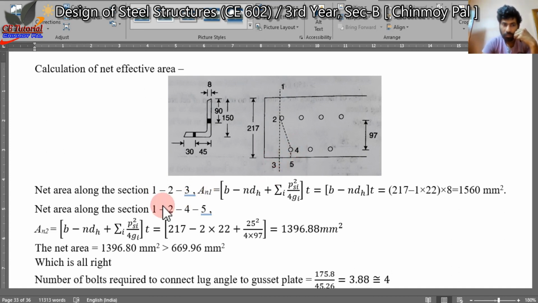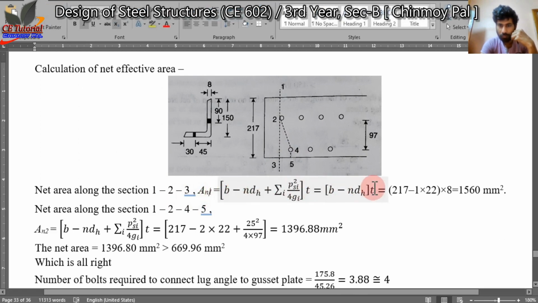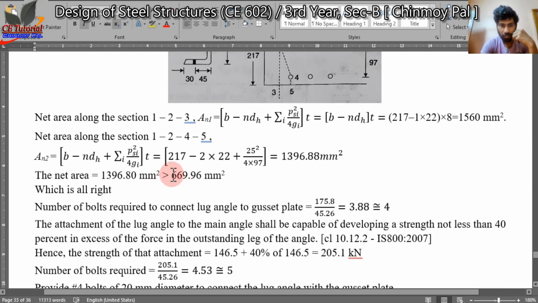Along the line 1 to 3, the net sectional area is 1560 millimeter square, and along the section 1 to 4, 5, the net sectional area is 1396.88 millimeter square. So the minimum value is 1396.88 millimeter square, and this is the actual net effective sectional area of this section, which is greater than our required value. That means this section can carry the applied force.